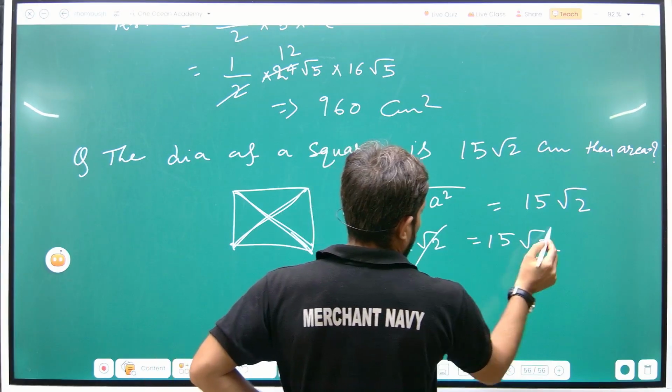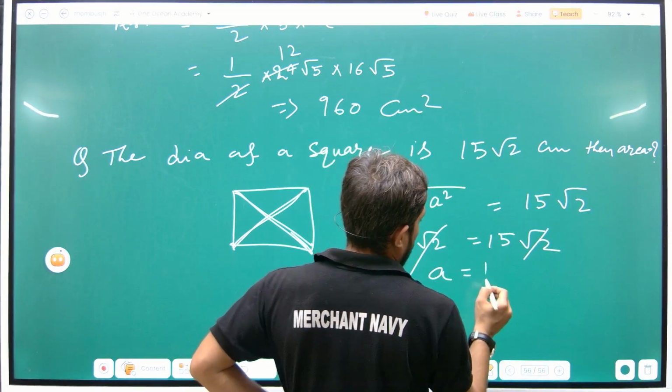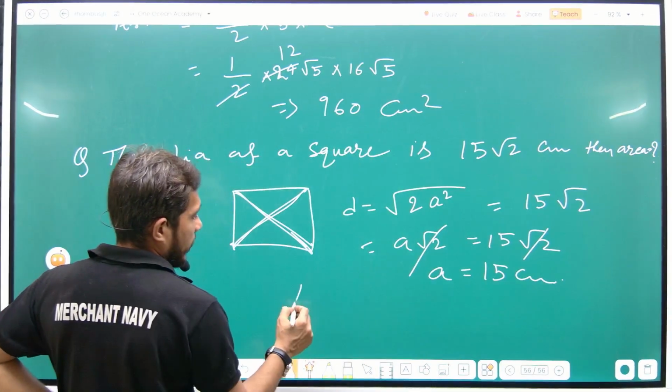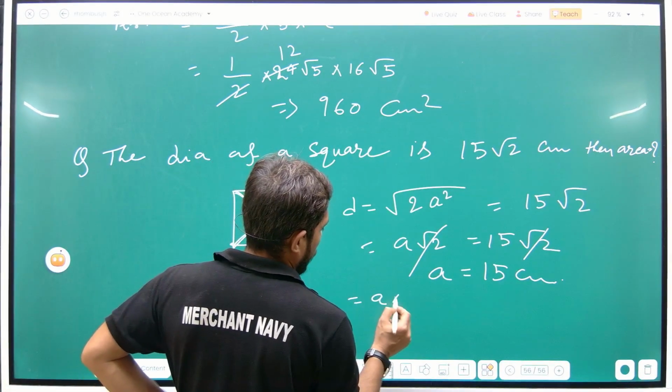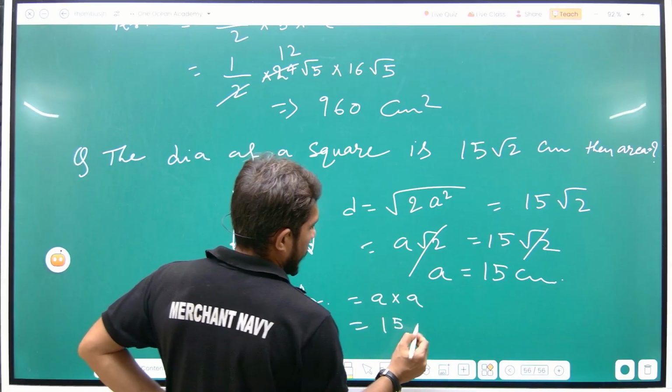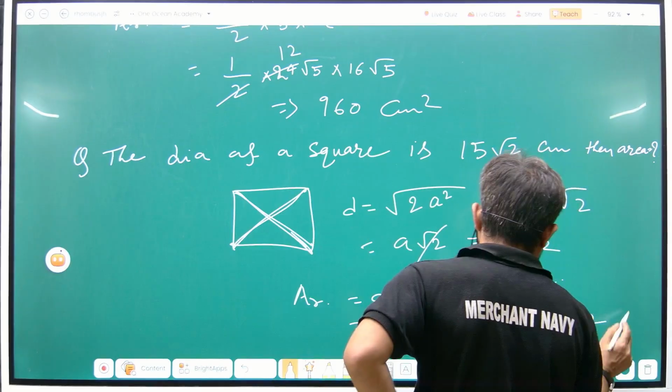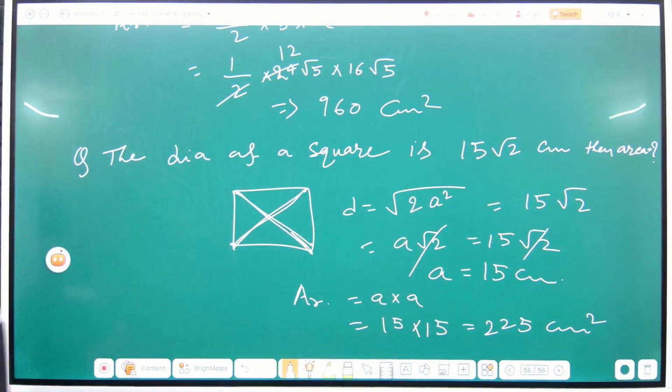So root 2 and root 2 cancel. The value of the side is equal to 15 centimeter. Now calculate the area, that is a into a. So 15 into 15 is equal to 225 centimeter square.